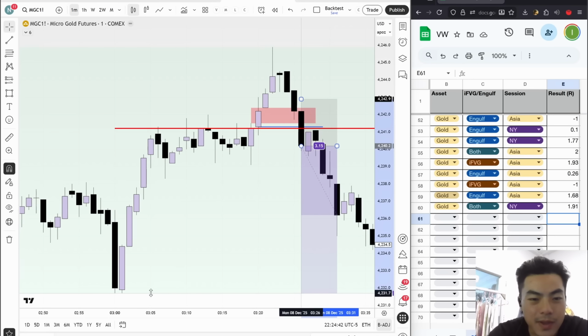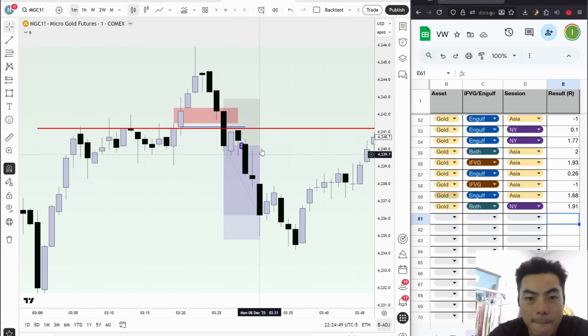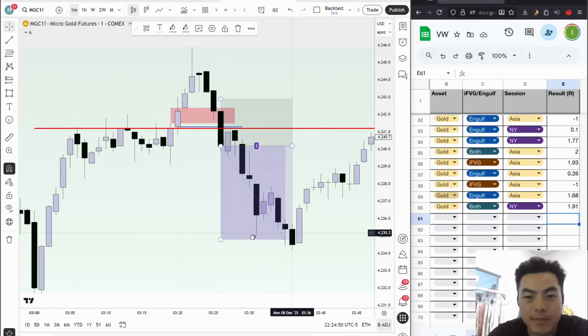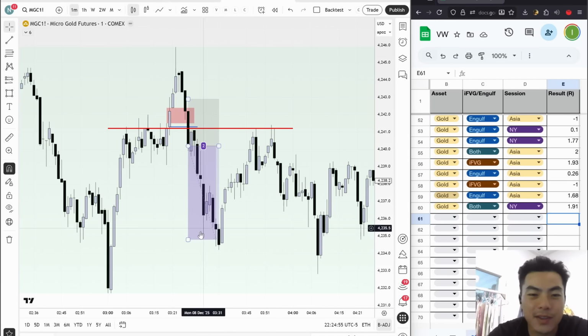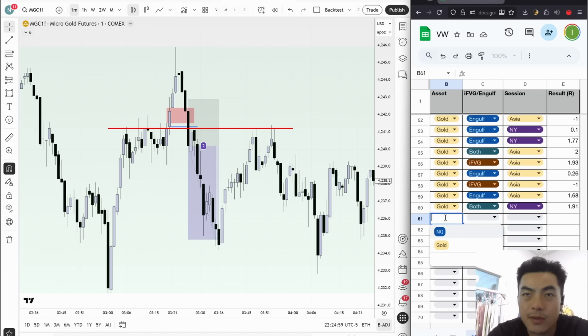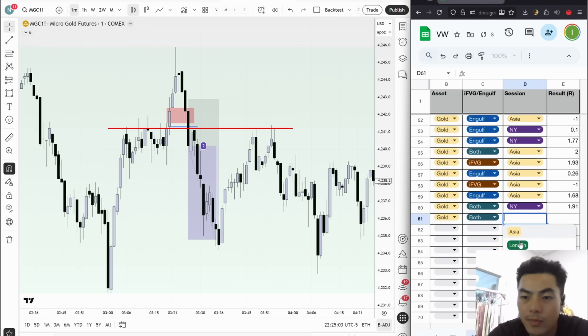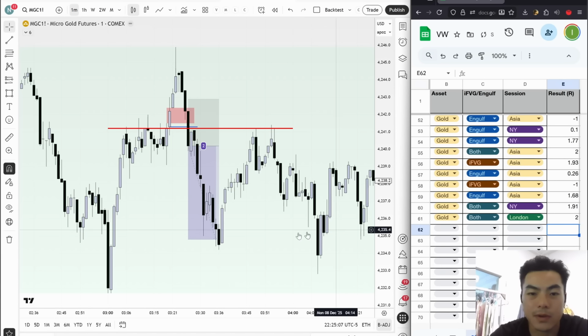Nice draw on liquidity there. That would have been a 3R, but of course we target 2R maximum. And there you go. See, if you targeted 3R, you wouldn't have got it. Rather have a high win rate. London, rare London trade. 2R.